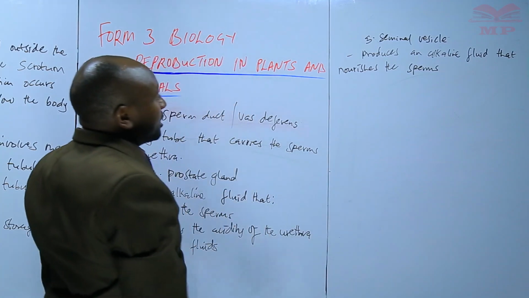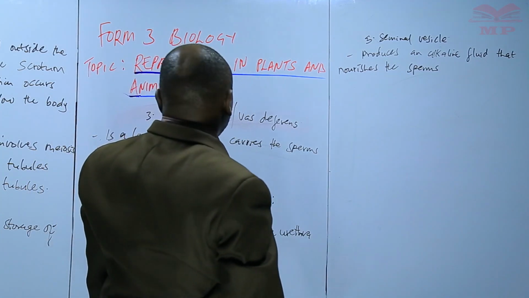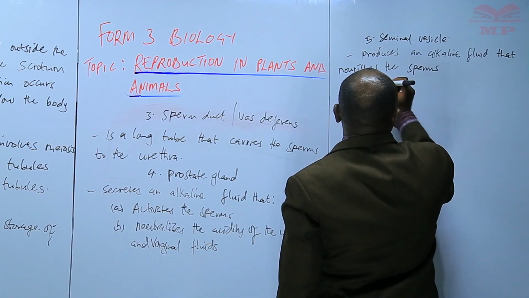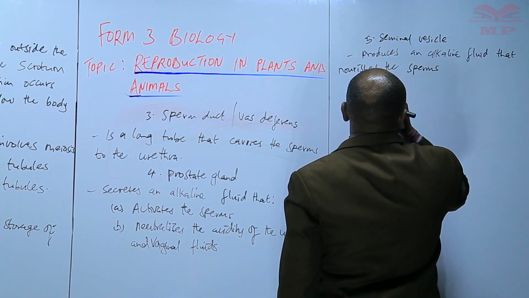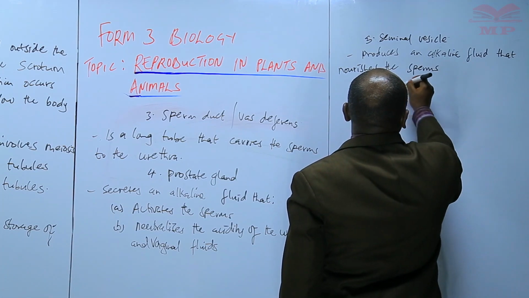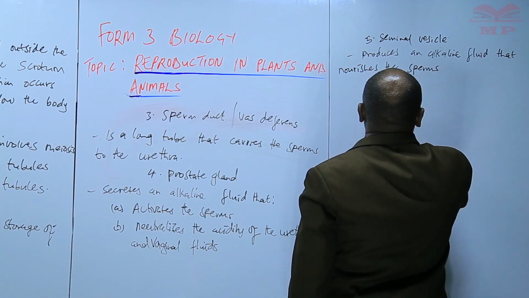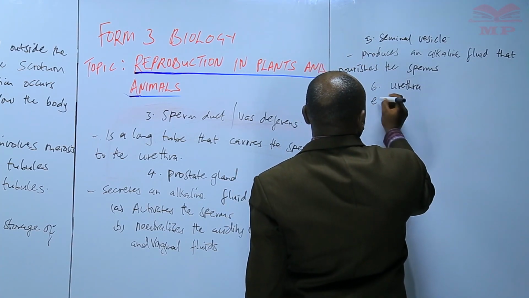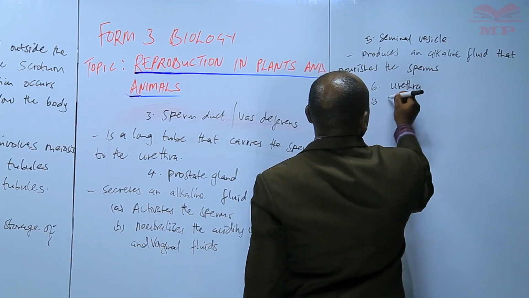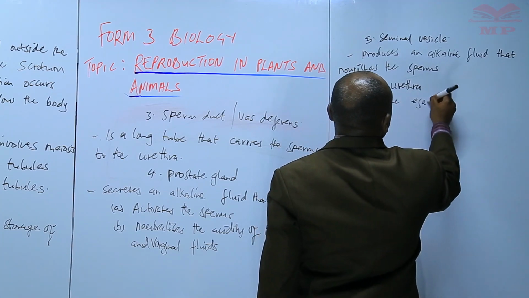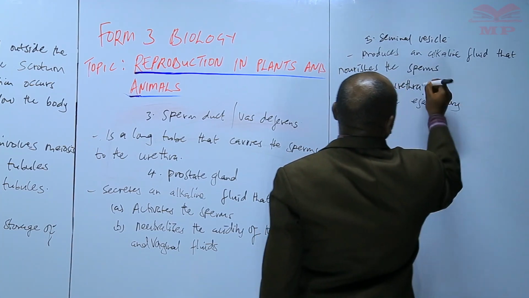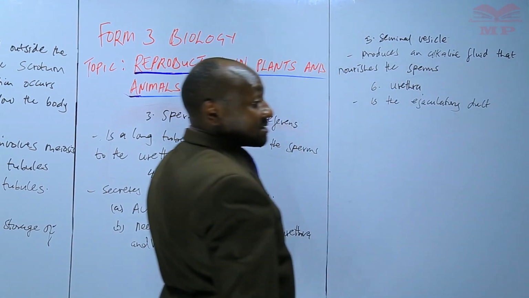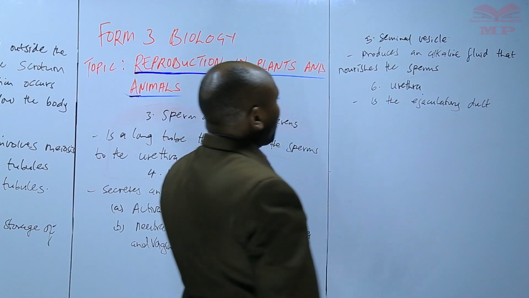An alkaline fluid that provides nourishment to the sperms. Then we have the urethra. This one is the ejaculatory duct where the semen passes during ejaculation.